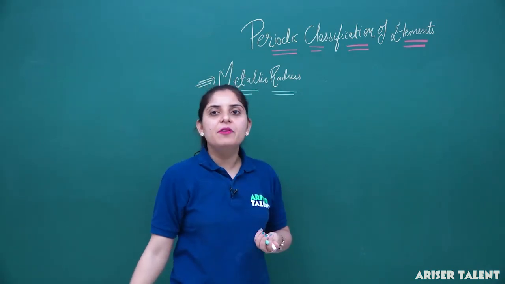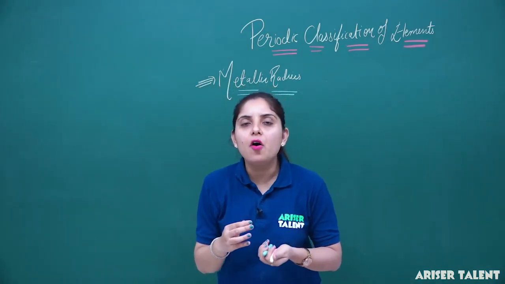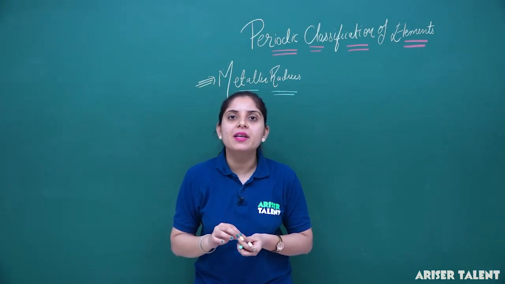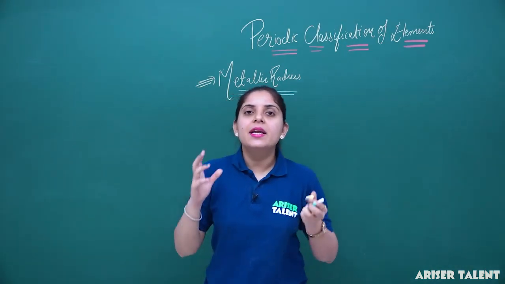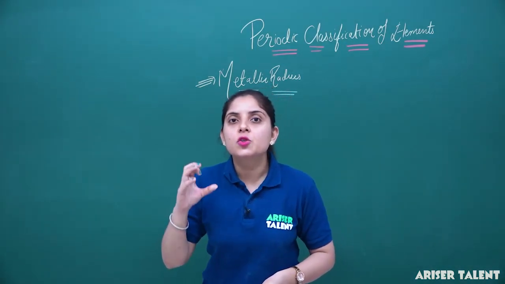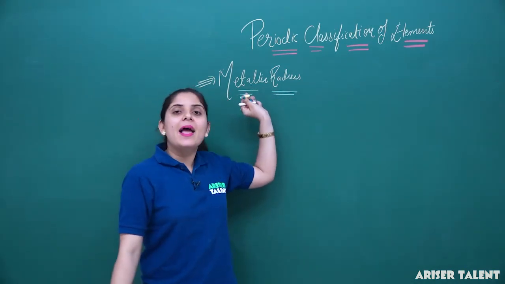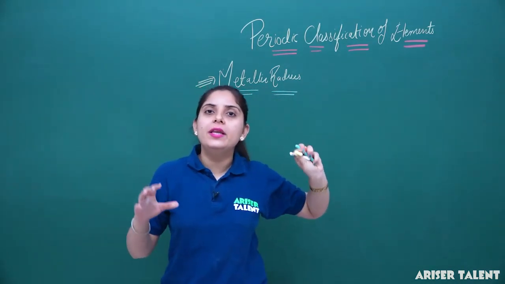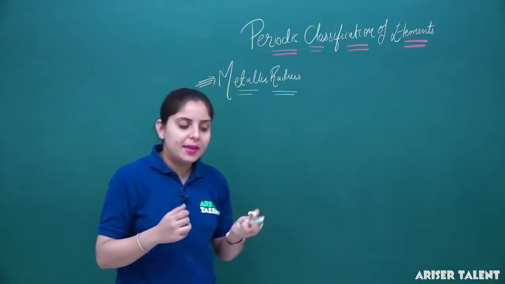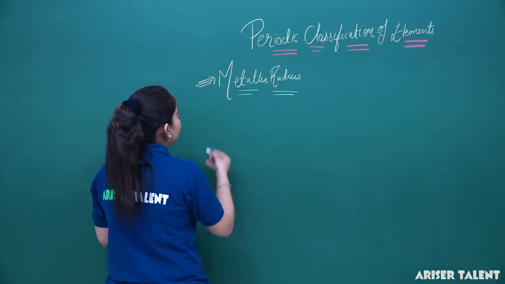Metallic radius may be defined as half of the internuclear distance between the two atoms in a metal lattice. So if we are considering metallic radius, it is found only in the case of metals, as the name indicates. So we have a definition here.